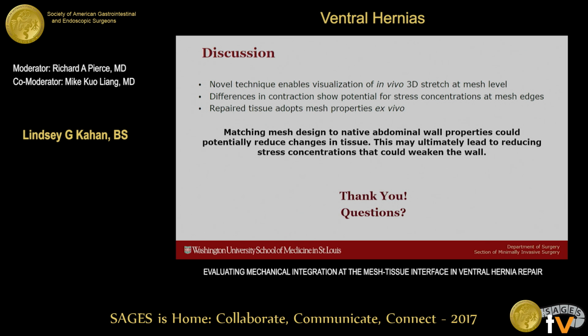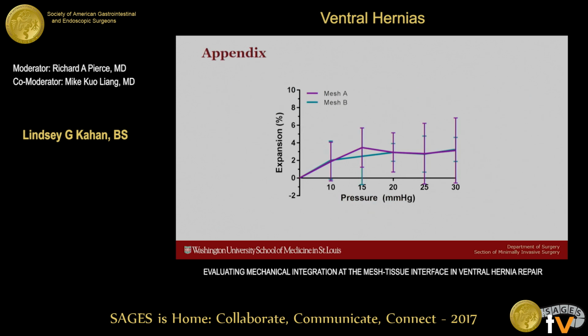I think at this point, clinically, we can't really fully answer that question, but intuitively and based on preliminary results shown today, I think that having an anisotropy ratio of the mesh that matches the tissue could potentially reduce these changes. The one thing that we really need to consider is that each abdominal wall section has different anisotropy ratios.